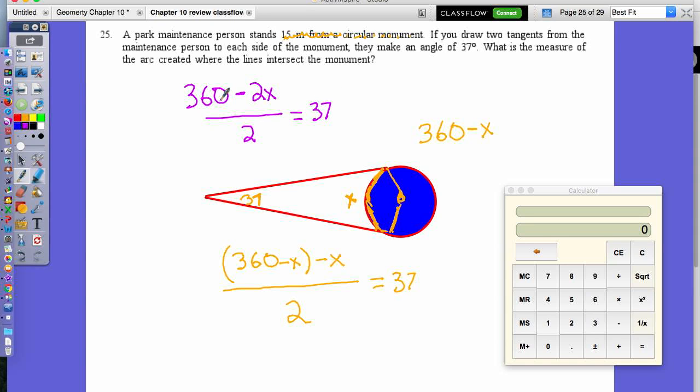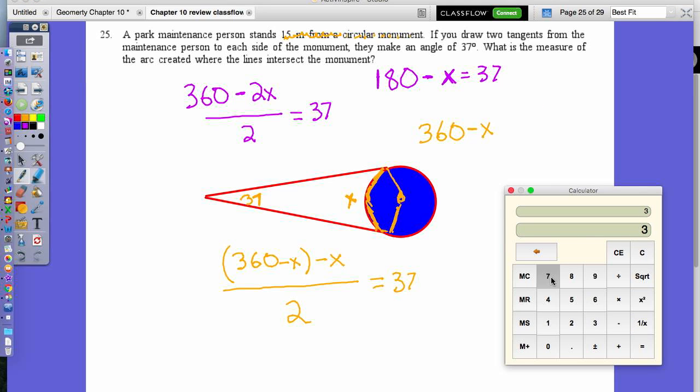I showed a problem just like this earlier in the lesson, and I said you can do 360 minus 2x and divide both of those by 2, or you could multiply the 37 by 2. I think it is much simpler to just do 360 minus 2x, both of those divided by 2, is 180 minus x equals 37.